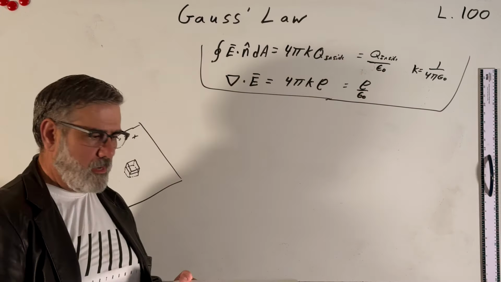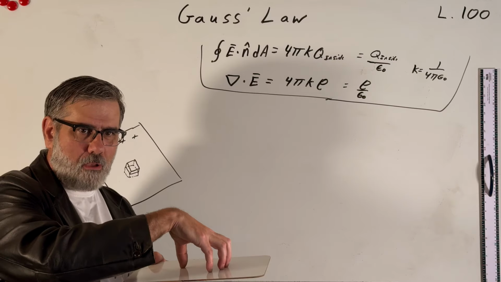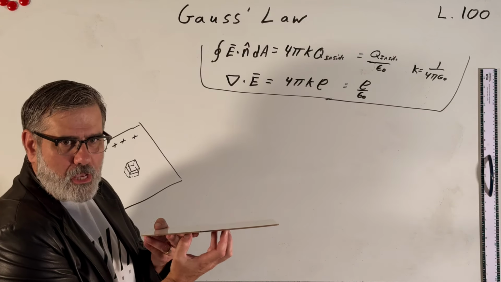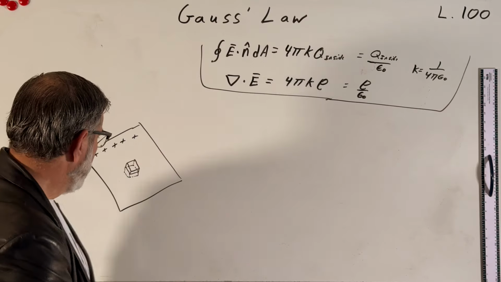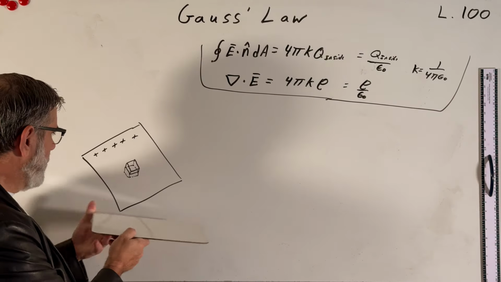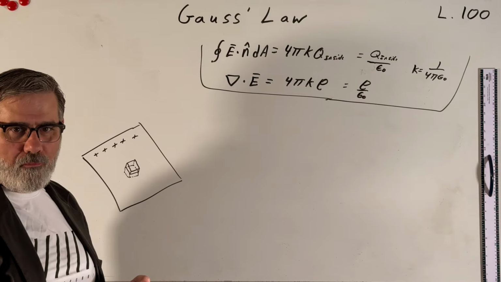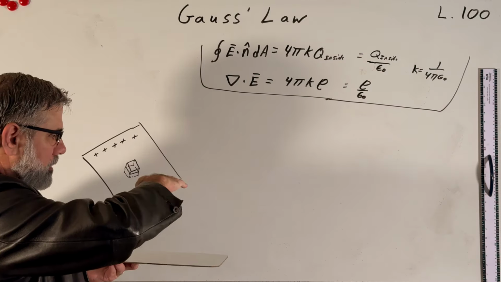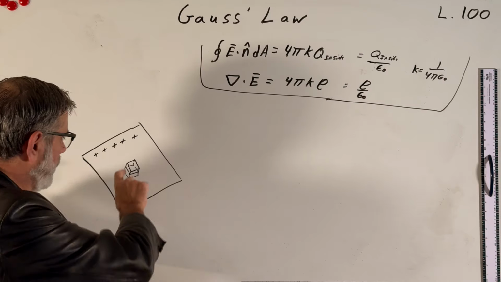So just to illustrate this little box that I've drawn, the top of it is up here, and the bottom of it passes through this surface and comes out the other side. The sides of the box are perpendicular to the surface of this infinite sheet of charge. So we're going to calculate the flux through it. The only place the flux is going through is the top and the bottom surface of our little Gaussian box.